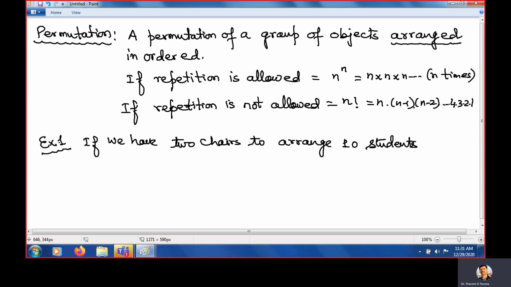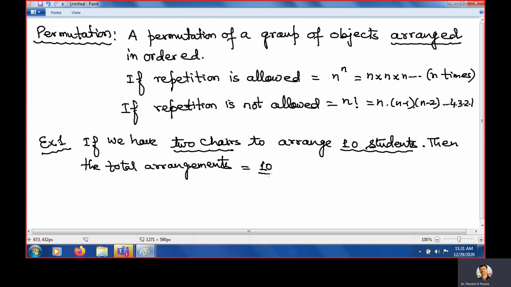If we have two chairs and arrange 10 students, then the total arrangements is equal to how many? On the first chair, how many students can sit? 10. Clear? Because one student is already arranged.